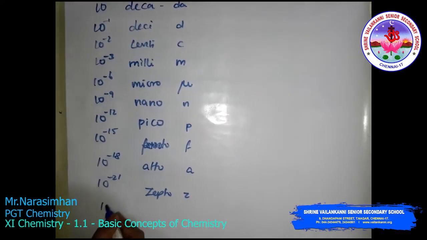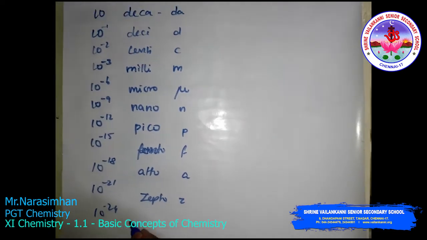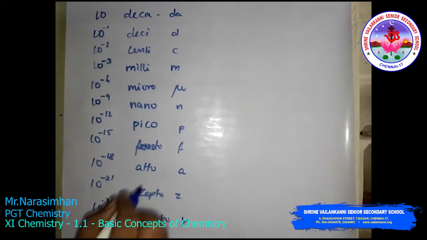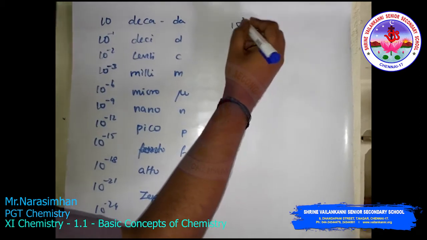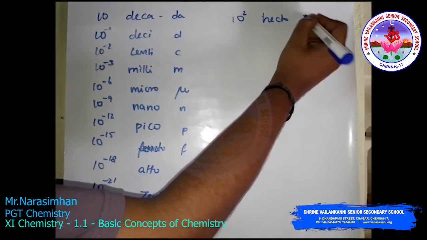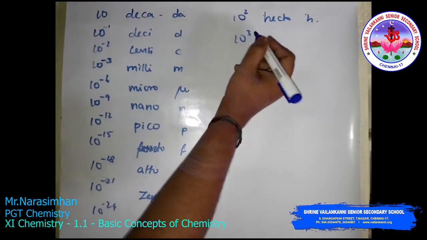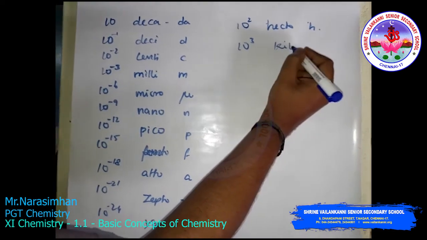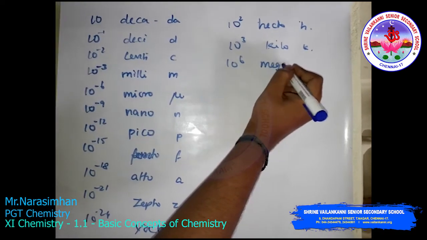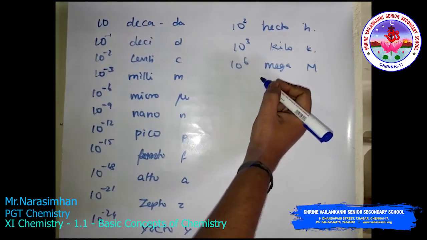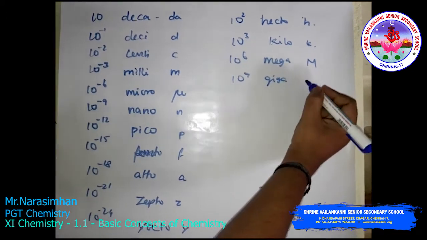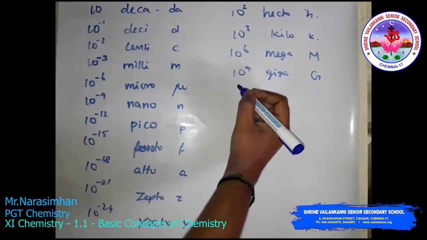And 10 power minus 24 is yocto, symbol y. Now the positive powers: 10 power 2 is hecto, symbol h. 10 power 3 is kilo, symbol k. 10 power 6 is mega, symbol M. 10 power 9 is giga, symbol G. 10 power 12 is tera.